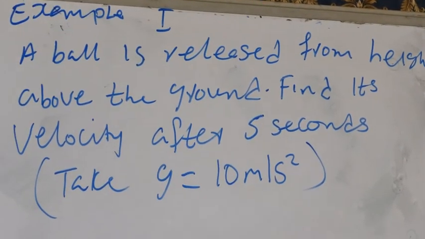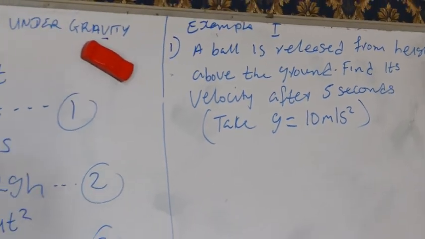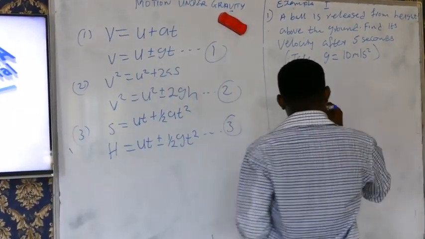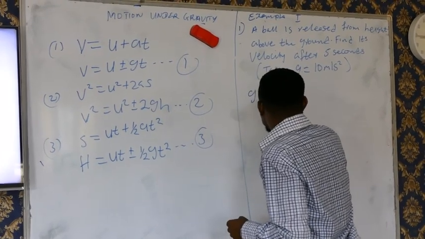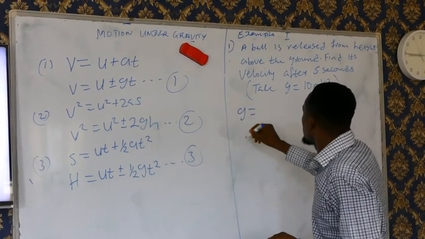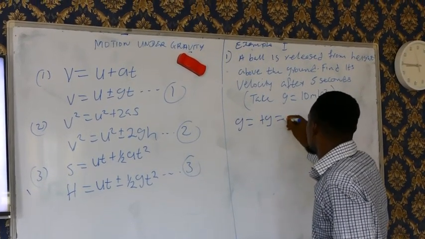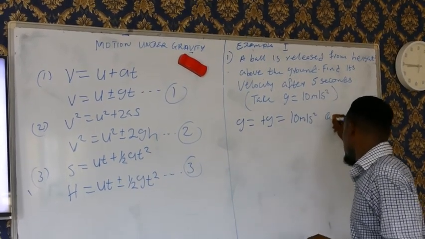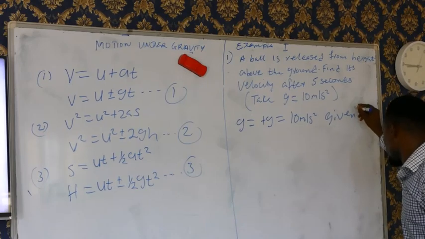If it is falling, you said it's acting along gravity. Therefore, g will be positive. So we have plus g, which is equal to 10 meters per second, which is given. That value is given.